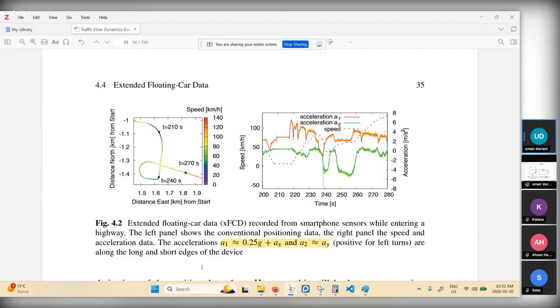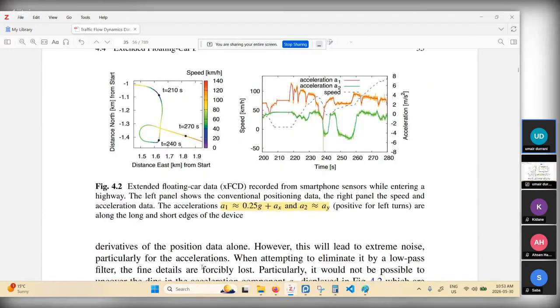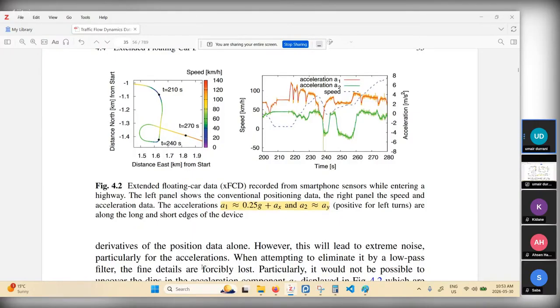We've highlighted here A1 and A2, which indicate the acceleration of the different edges of a mobile phone. Because a smartphone is used inside that vehicle, we are further extending the floating car data by getting information from the phone.